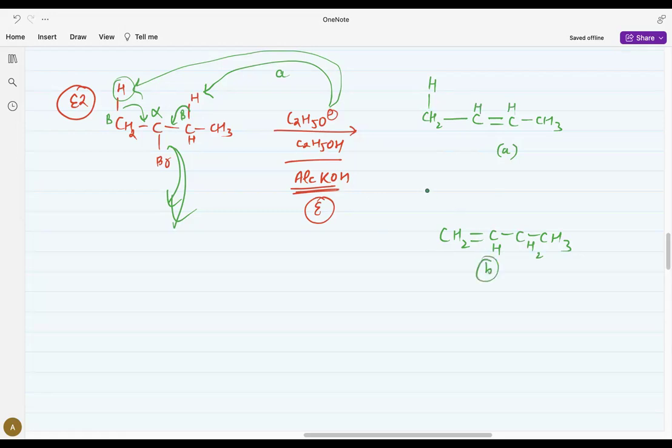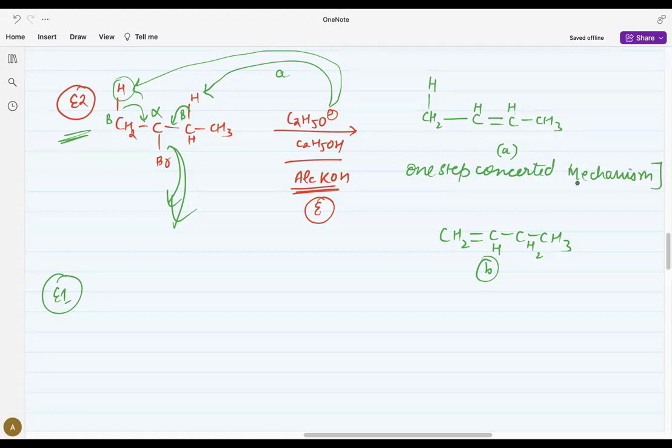So what happens in E1 elimination and what happens in E2 elimination? In E2 there is a direct one-step concerted mechanism. You have a transition state. But in E1, it is not direct. We have to go through a carbocation.